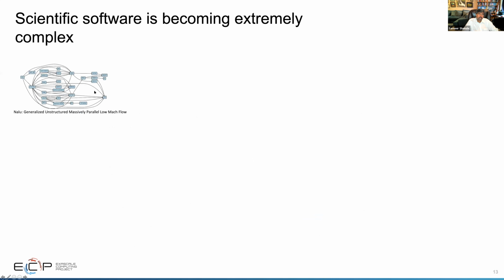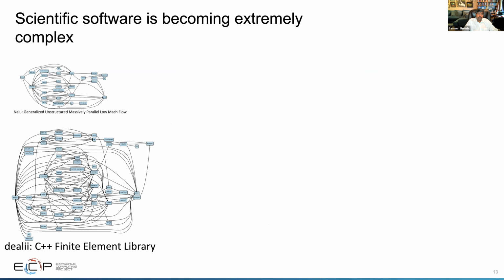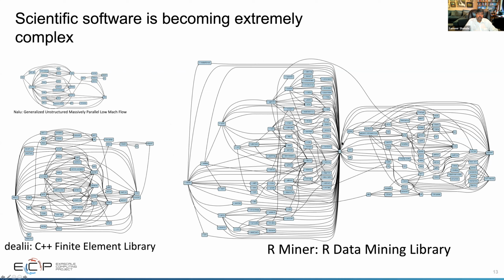Now, this complexity is not just for this one package. We are seeing it in all types of packages. This is deal.II, a C++ finite element library. We have RMiner, which is an R data mining library, which depends on all of these packages. And so the complexity just grows a lot, and managing that becomes challenging.